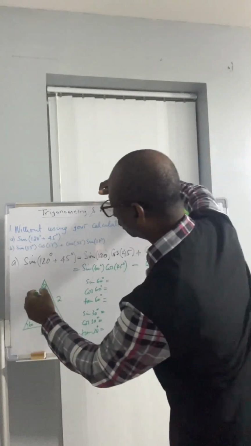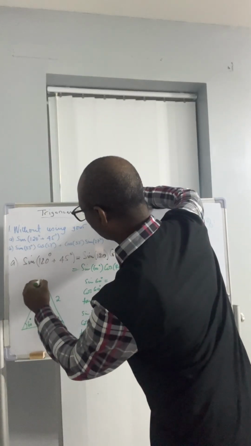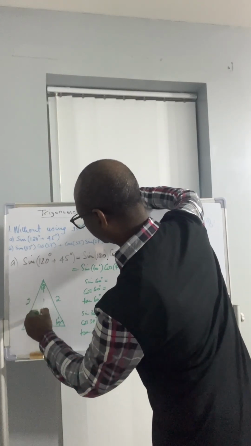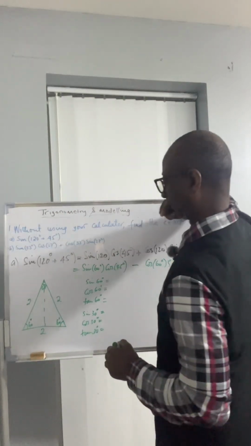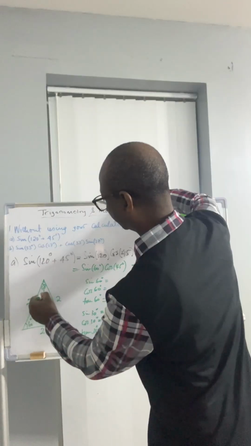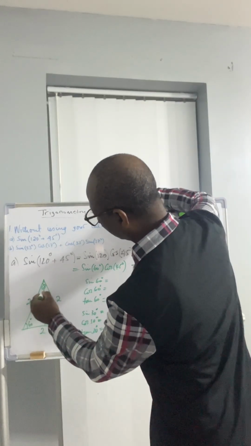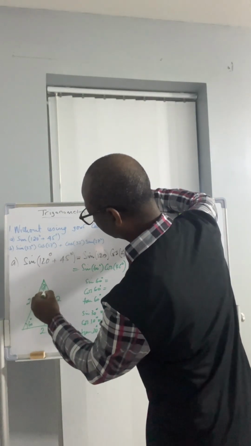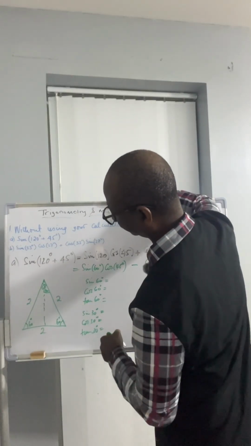So we can split this triangle into 2 equal triangles. We assume these 2 triangles now, they are equal. So what we have here now, instead of 60 degrees, this now will be 30 degrees because we have divided it.